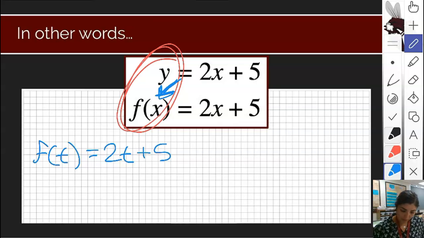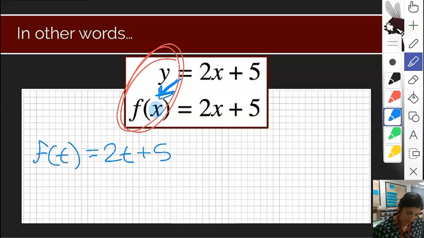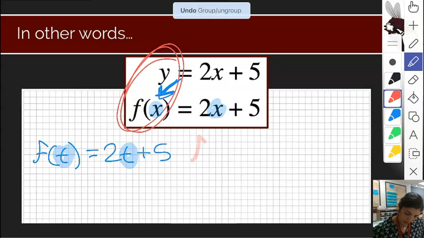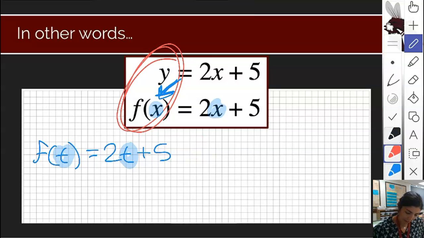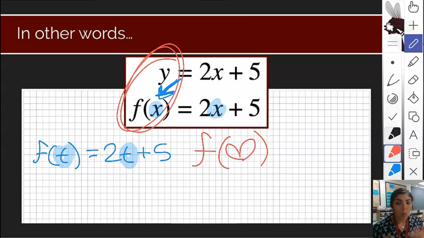A second ago, this had an x right here and right there. So since now I changed the inside or the input to a t, I need to change all my variables in my equation to a t. To reiterate this, what if I had f of heart, a symbol?